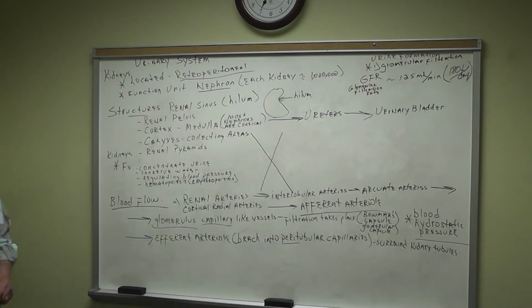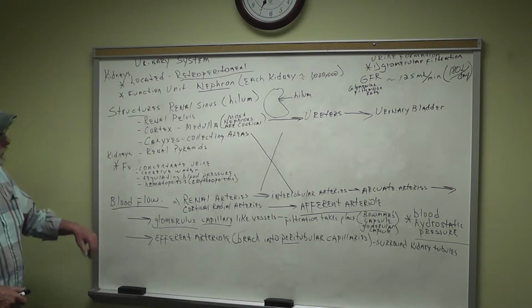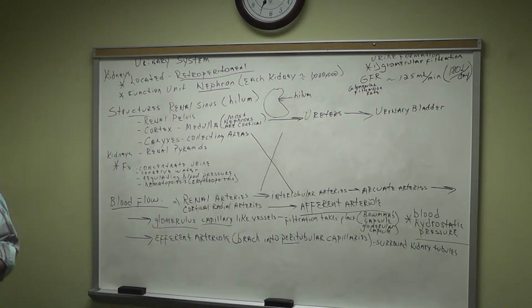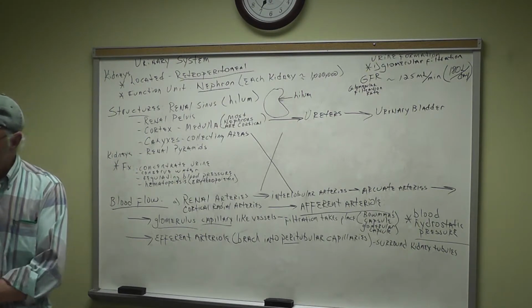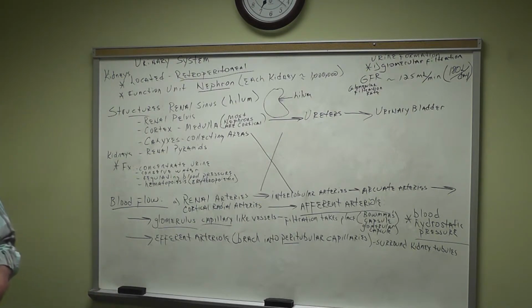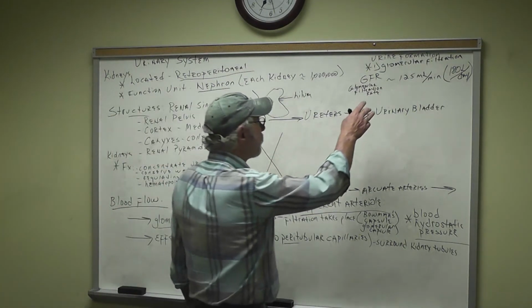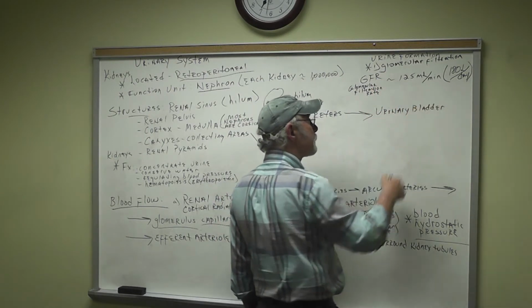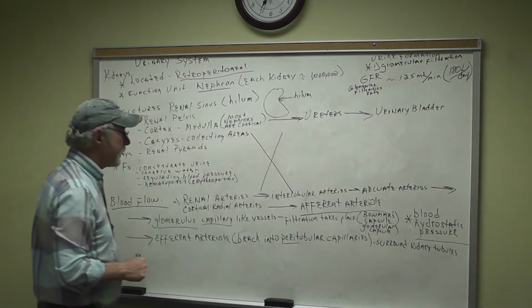The bulk of it, we will see in a second, is reabsorbed back into the blood, because the kidneys are designed to conserve water. We can't live without water. We have to retain as much water as we can possibly retain. So we have this first step filtered at about 125 mils per minute, approximately 180 liters per day.